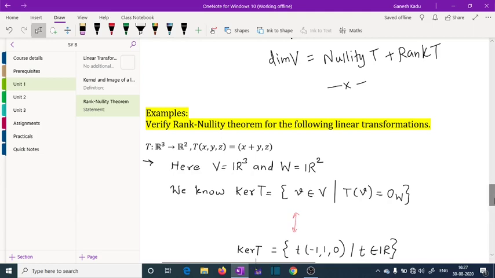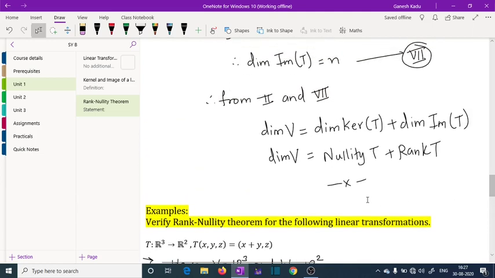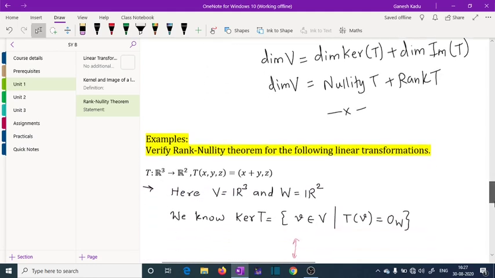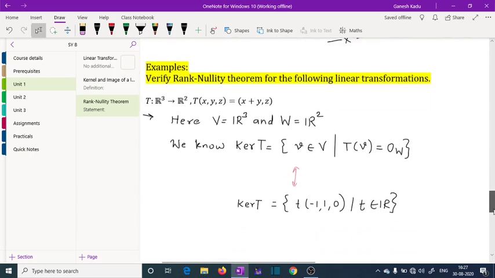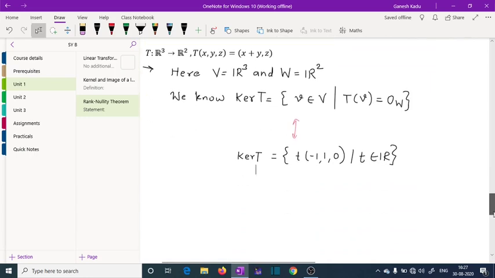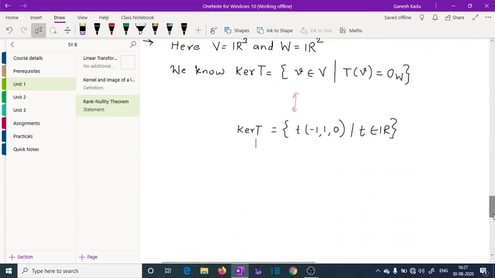Now what we have to show is that nullity of T plus rank of T is also 3, meaning their addition comes out to be 3. But in order to do it, first of all we are supposed to find nullity, and then we will go forward to the rank.